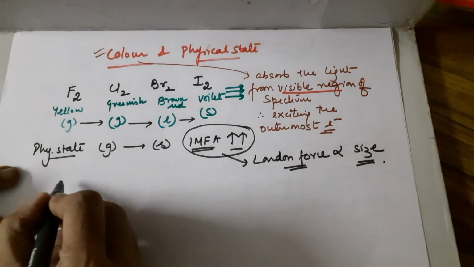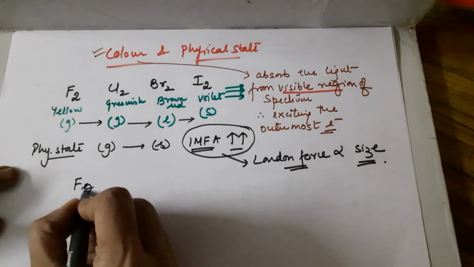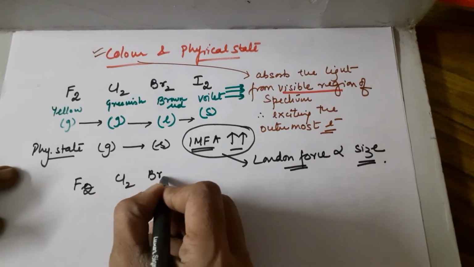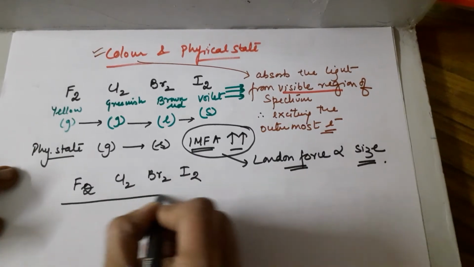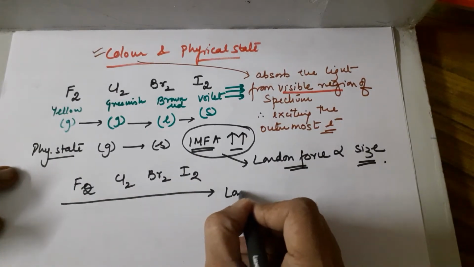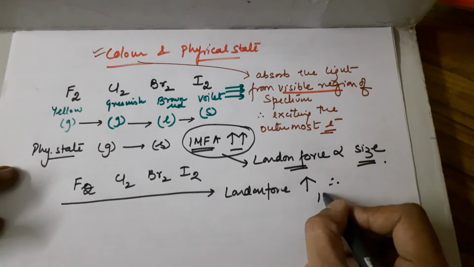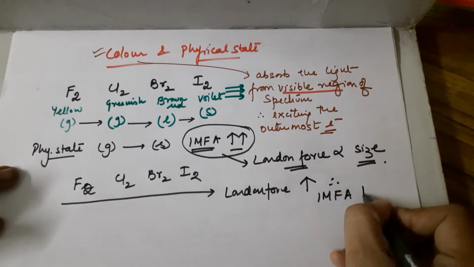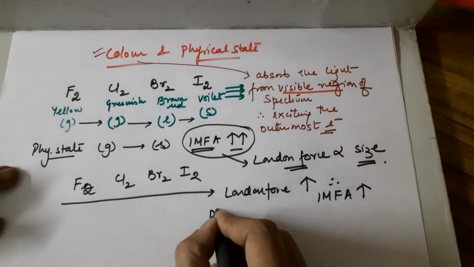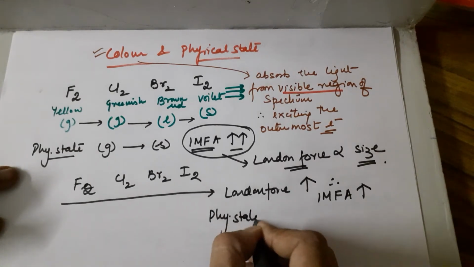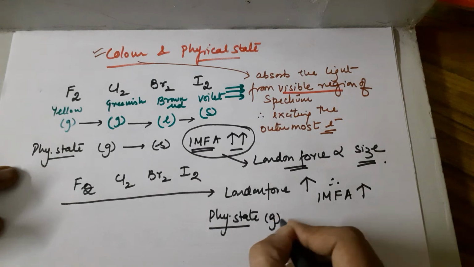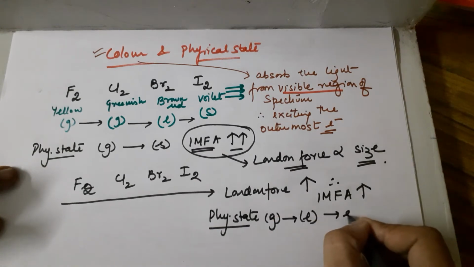Therefore, as I move from fluorine to chlorine to bromine to I2, the London force increases, therefore the intermolecular force of attraction increases, therefore the physical state goes from gaseous to liquid to solid.